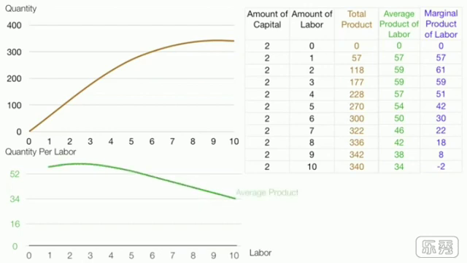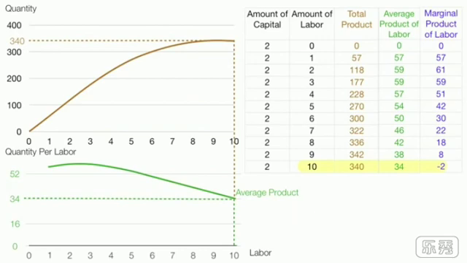That's average product of labor. At 10 labor units, my average product of labor is 34. If I continue on up, my total quantity produced at that level is 340. So on the table, I have 10 labor units, total product 340, average product of labor is 34.